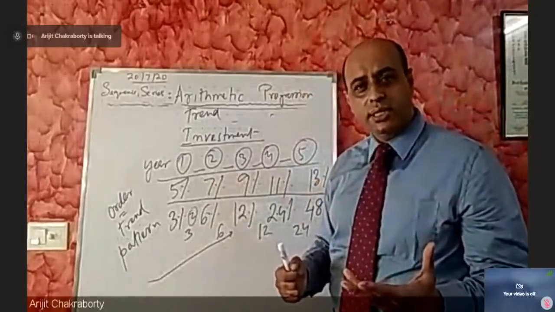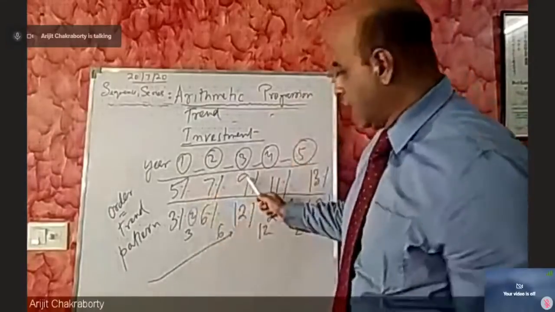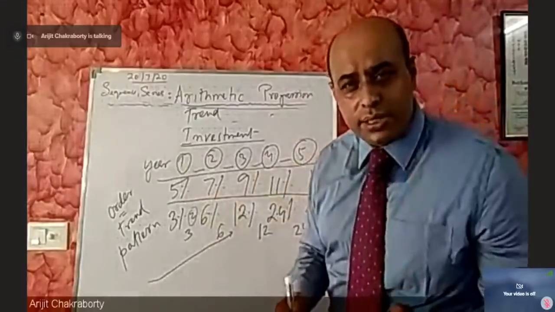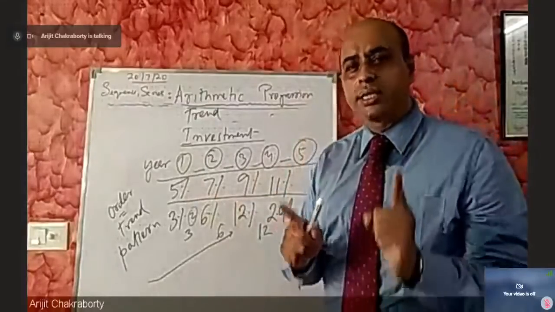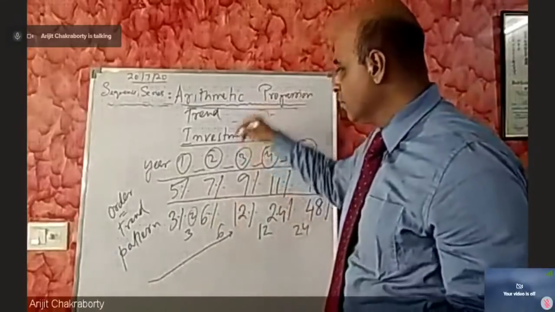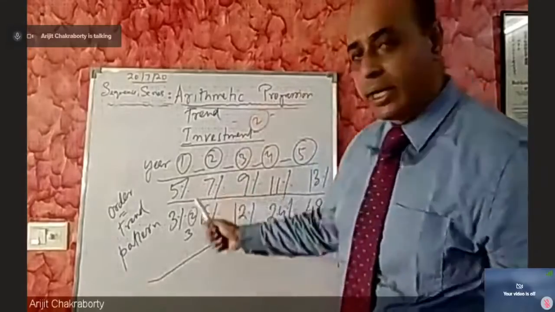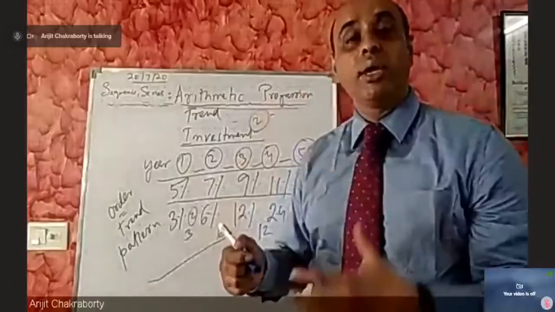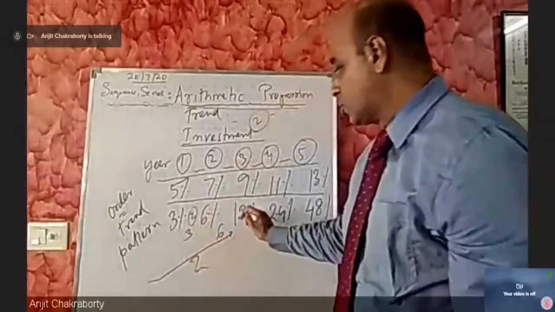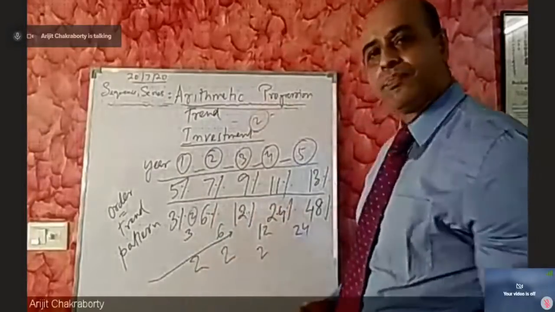What is the difference? In the first case, 7 minus 5 is 2, 9 minus 7 is 2, 11 minus 9 is 2, which means the common difference is constant and equal to 2. But in the second case, we are not subtracting, we are dividing. 6 divided by 3 is 2, 12 divided by 6 is 2, 24 divided by 12 is 2.